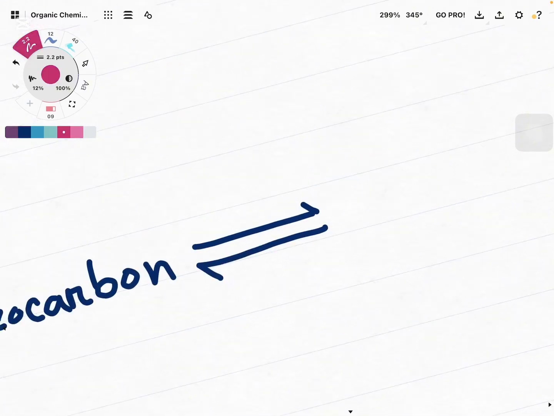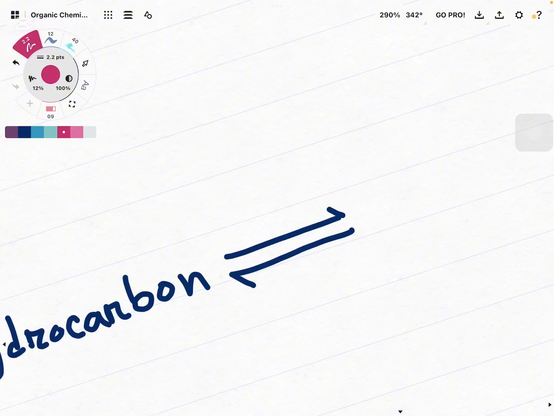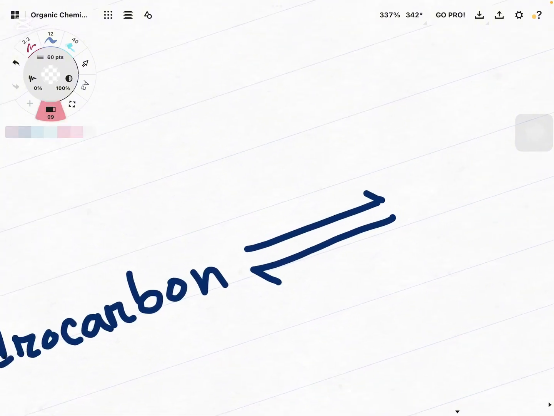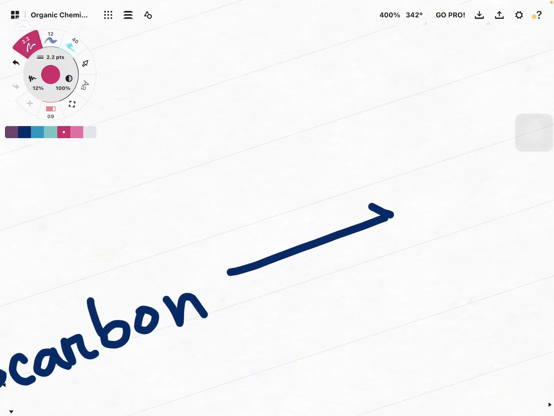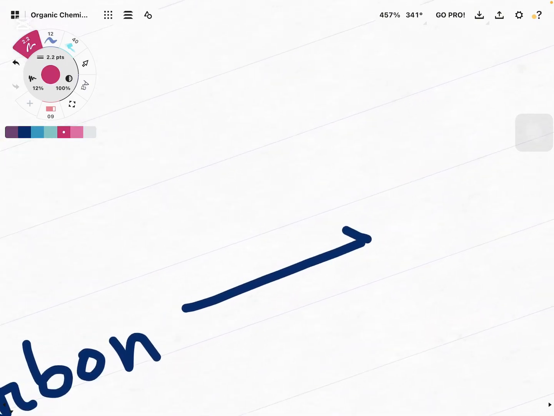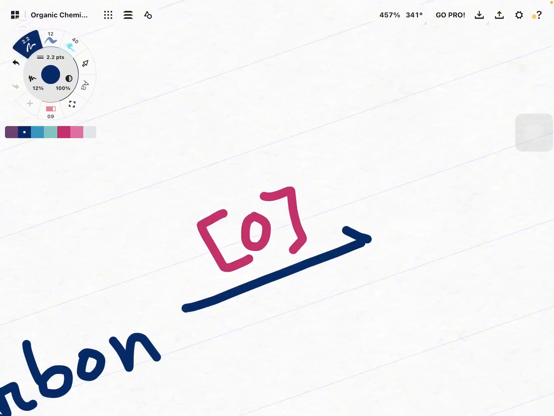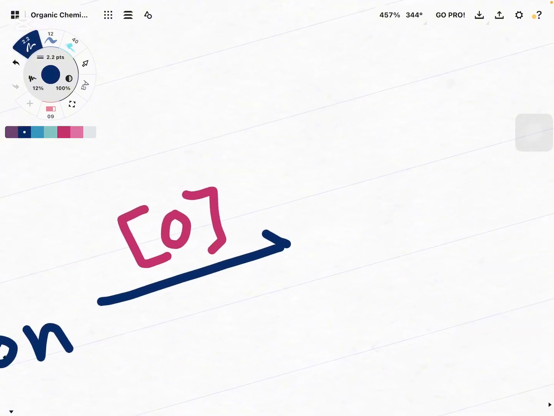One is, okay, I think it will be easy for the first one, which will be oxidization. So if we oxidize a hydrocarbon, it will become alcohol. I'll be back with the second reaction after completing it.